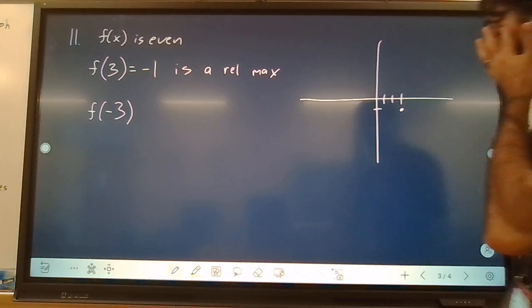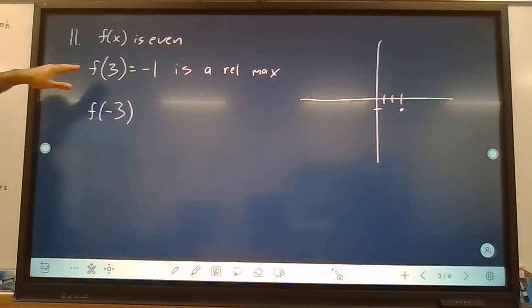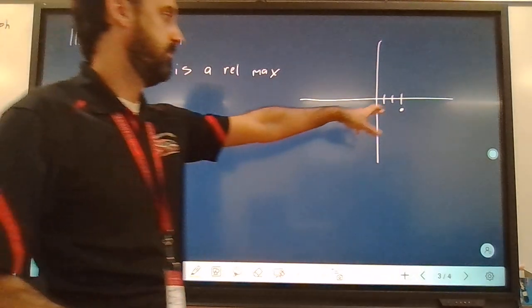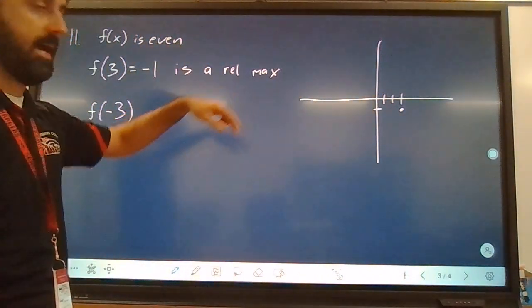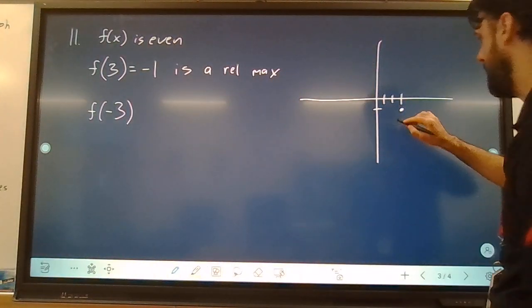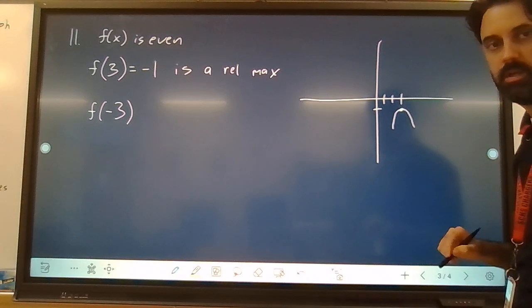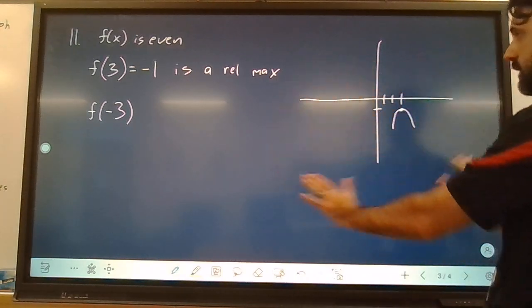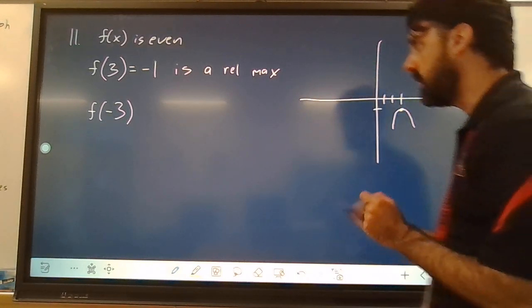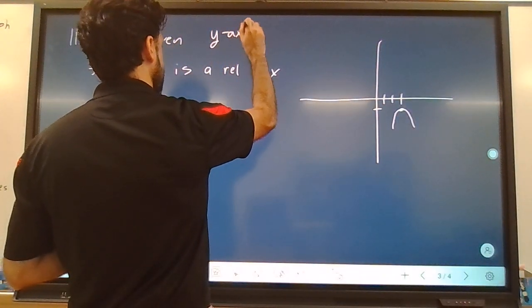All right, number 11 says f of x is an even function, and then we're given a coordinate point. I went ahead and plotted that point, and we're told that it is a relative maximum. So the graph close by looks like this. We have no idea what the rest of the graph is doing. But for an even function, it's going to have y-axis symmetry.